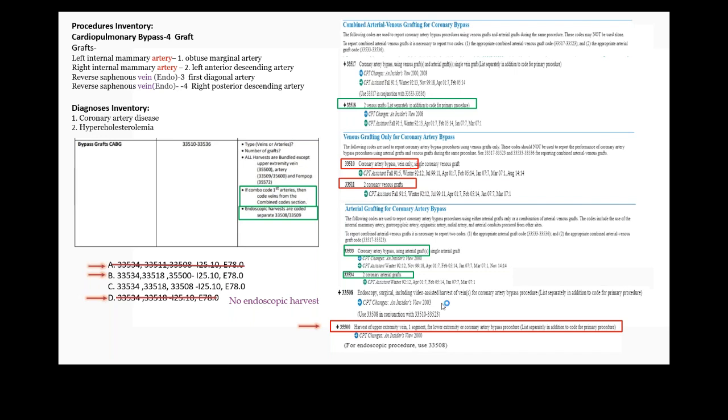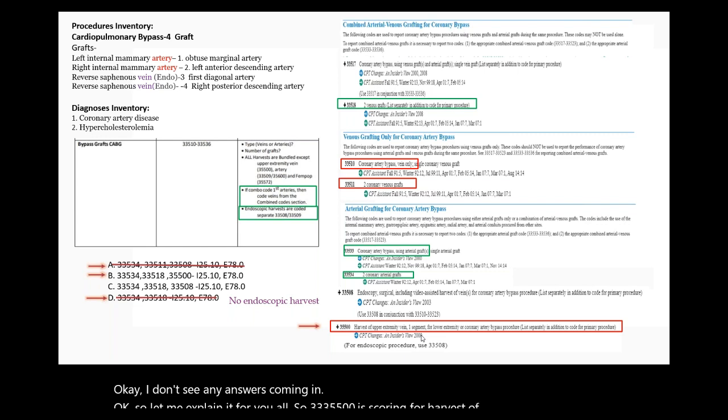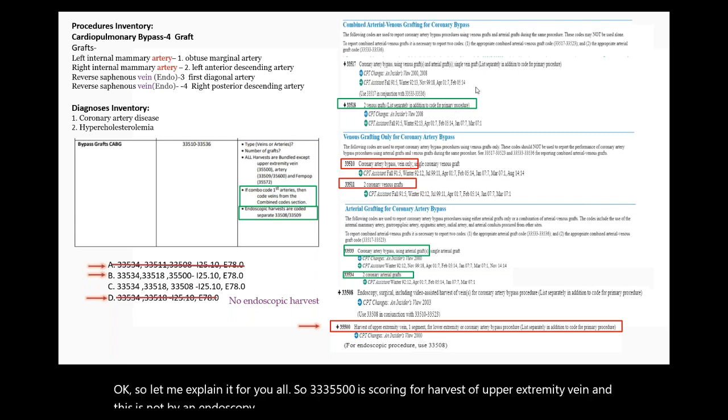Okay, I don't see any answers coming in. So let me explain it for you all. 35500 is coding for harvest of upper extremity vein, and this is not by an endoscopic procedure. It is by an open procedure.